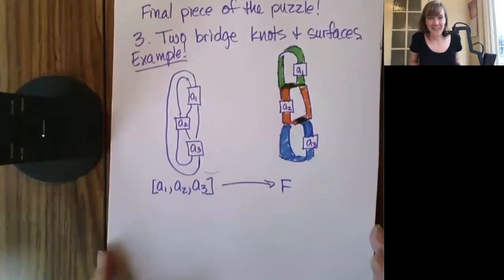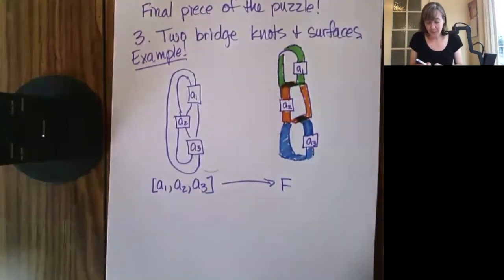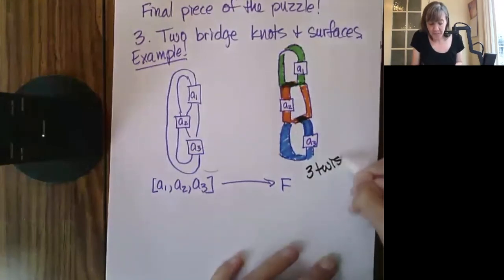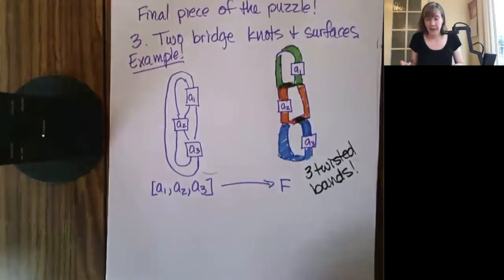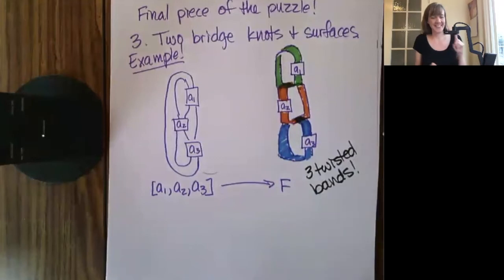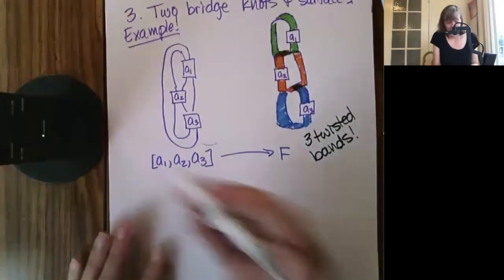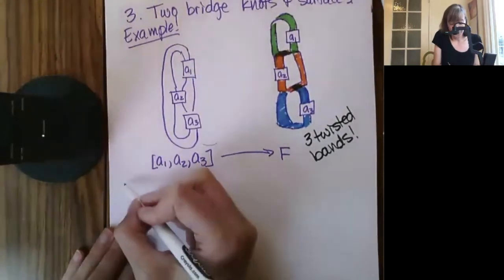Okay, so hopefully you can visualize now that we have 3 twisted bands and they are plumbed together. And hopefully you can see that the boundary is the same as this knot over here. And we can do this construction in general.